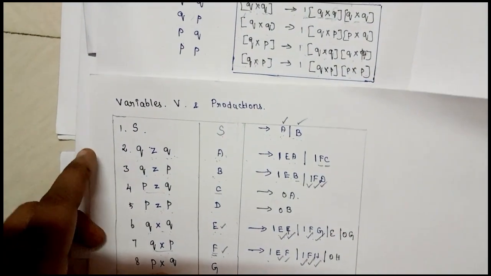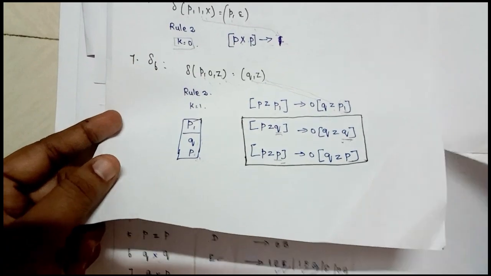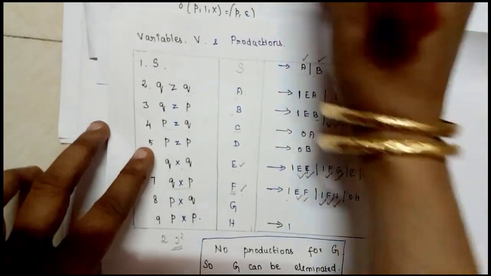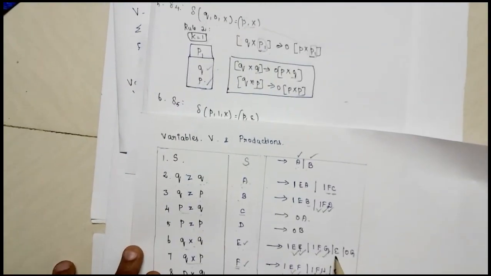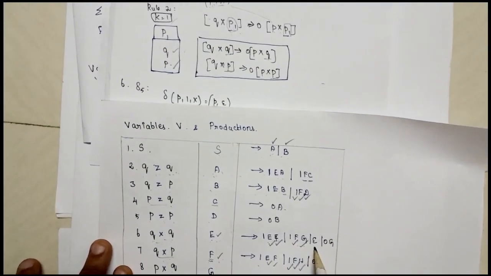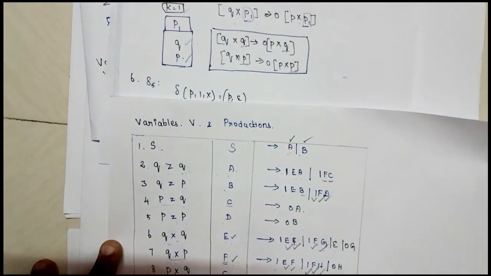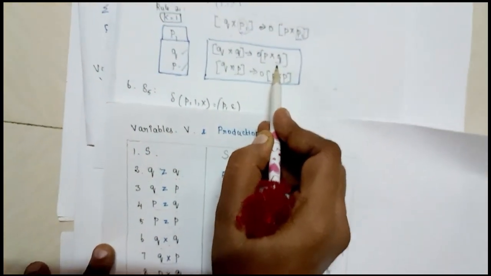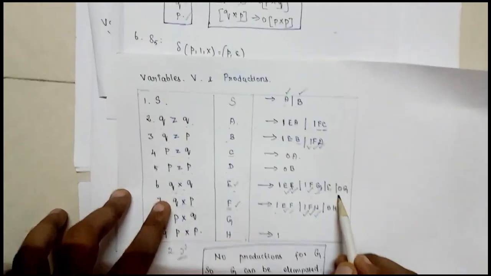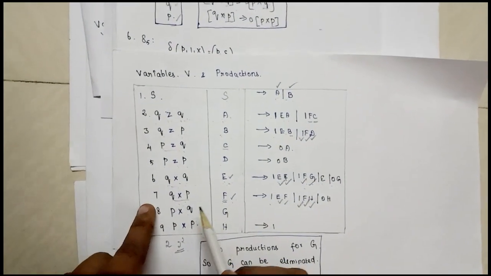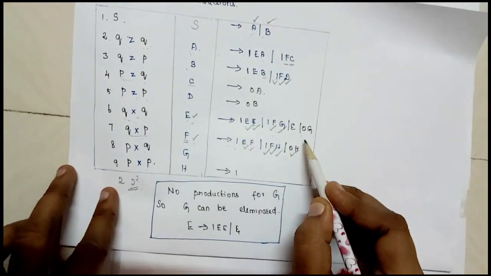For the fourth transition function, we have QXQ produces epsilon. So QXQ is E, E produces epsilon. The alternate production is added. For the fifth transition function, QXQ produces 0 PXQ, so E produces 0G. Similarly, QXP is F, F produces 0H.